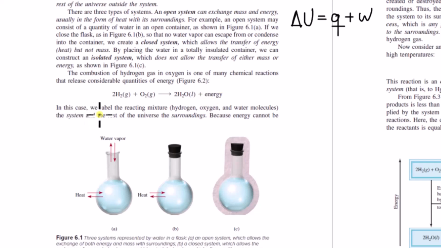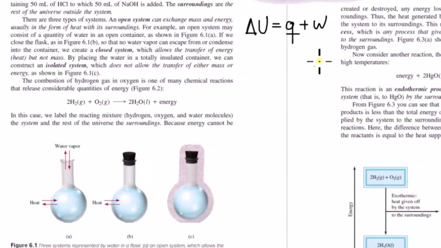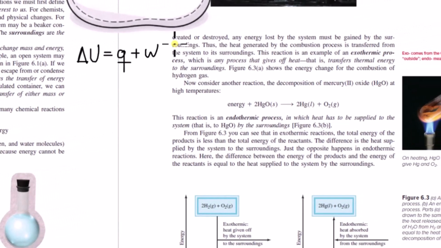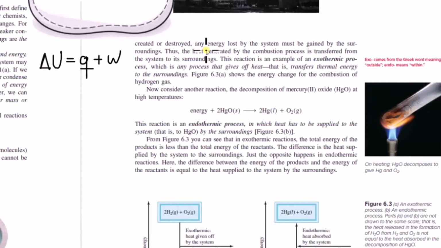In this case, we label the reacting mixture, the hydrogen, oxygen, and water molecules, the system, and the rest of the universe, the surroundings. Because energy cannot be created or destroyed, any energy lost by the system must be gained by the surroundings. Thus, the heat generated by the combustion process is transferred from the system to its surroundings.